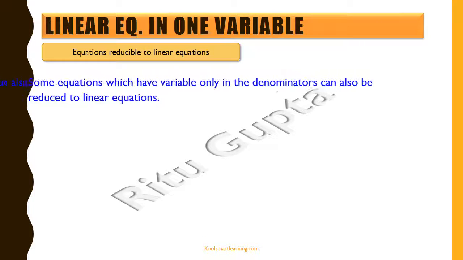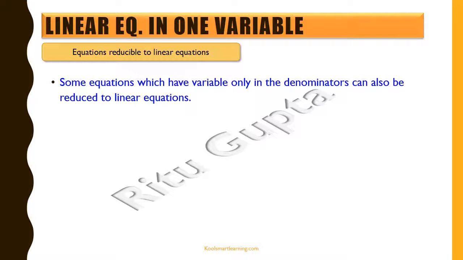So now let's look at another example of equations which are reducible to linear equations. Certain equations have variable only in the denominators. The past one that we saw had the variable in the numerator as well as the denominator, but some equations have variable only in the denominators. They can also be reduced to a linear equation. An example would be 2/x + 5/(3x) = 6.